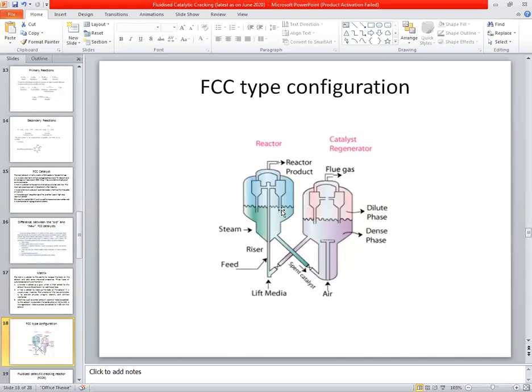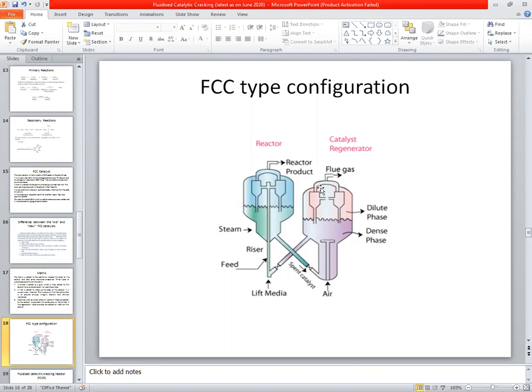Now see here the difference between the reactor and the regenerator. Here there is one long tube. This long tube is called the riser. In the regenerator, there is no such tube. On the top of the reactor, this arrangement is called a cyclone, hydrocyclone.